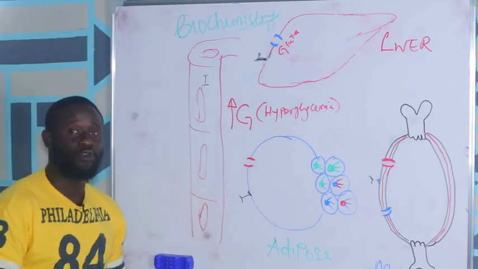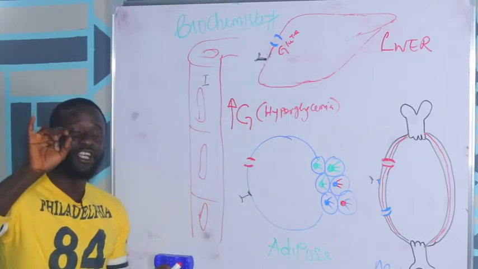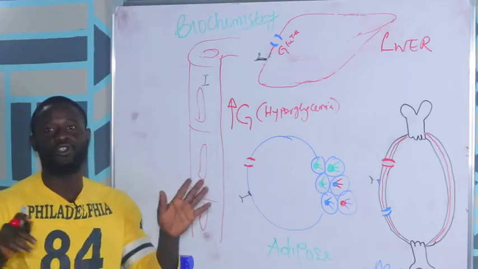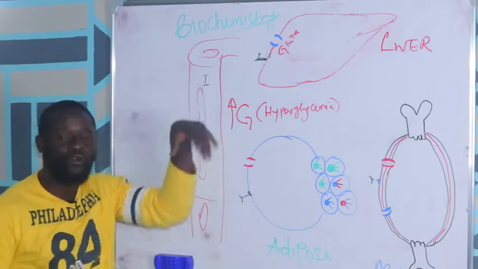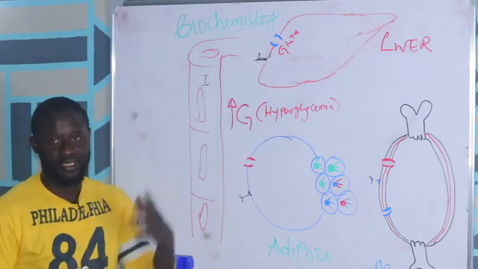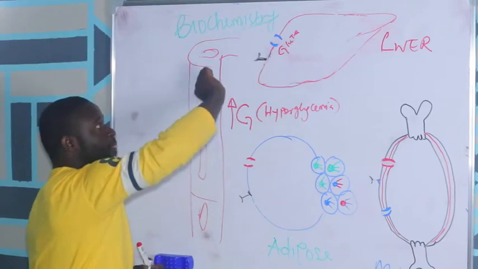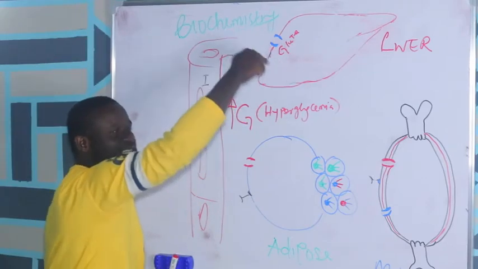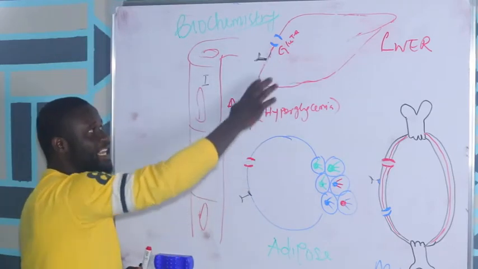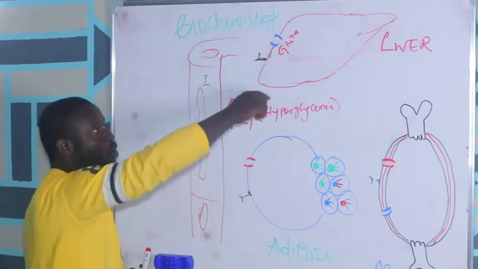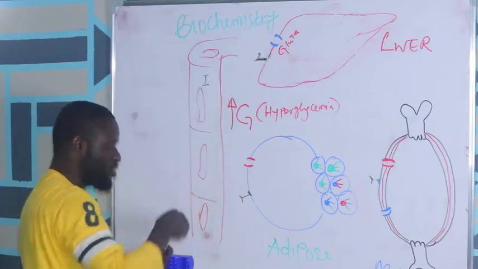Do not forget, I told you GLUT2 transporters are independent of insulin, so they do not need insulin to allow glucose to come into the cell. So insulin does not regulate the movement of this particular transporter.